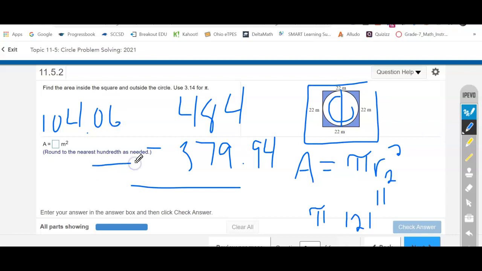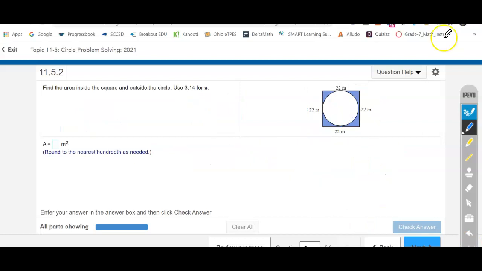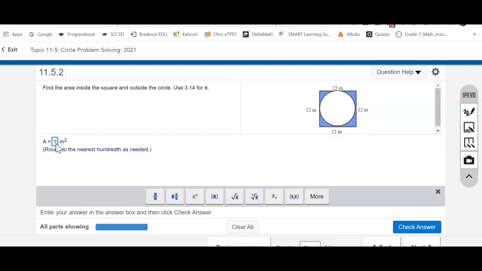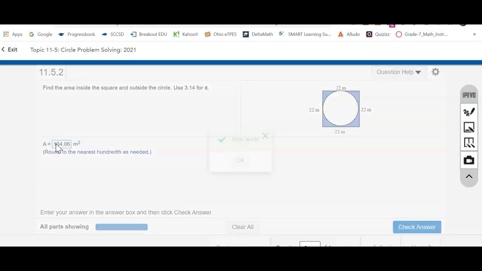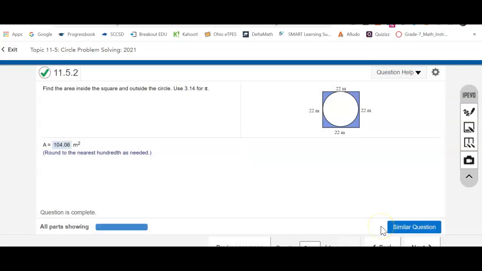It says round to the nearest hundredths. Don't need to because I only go to the hundredths. So I'll just type in all of that, 104.06. Nice work.